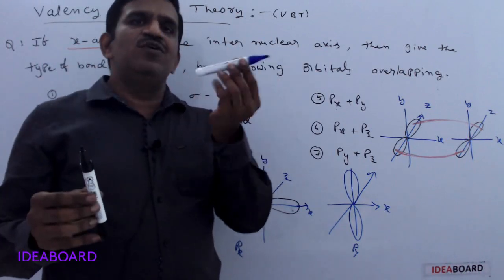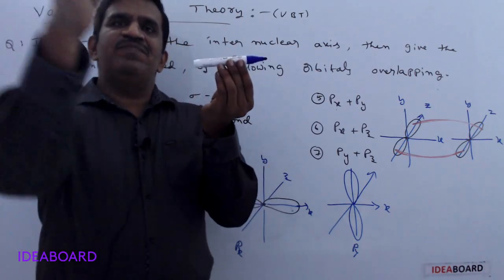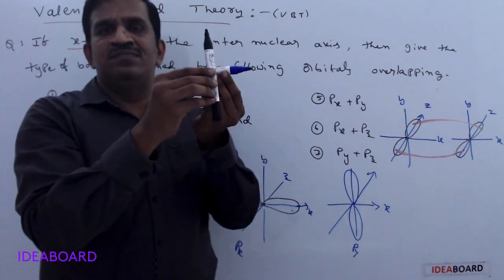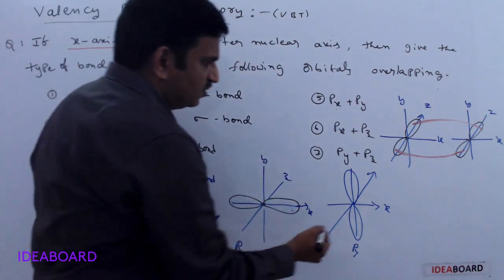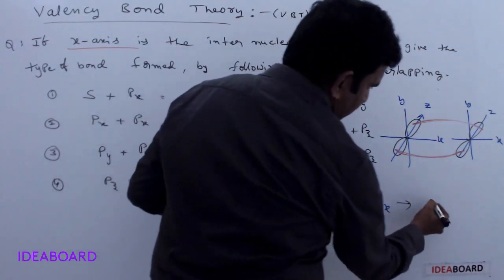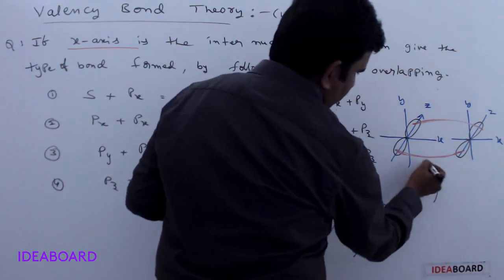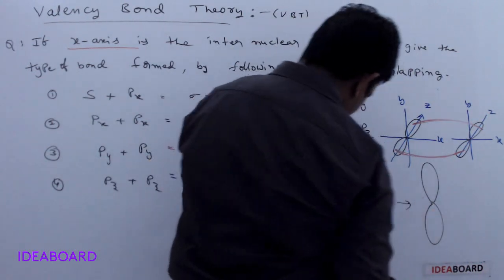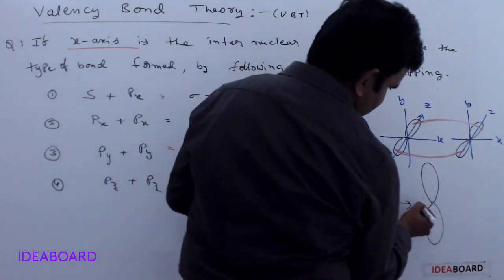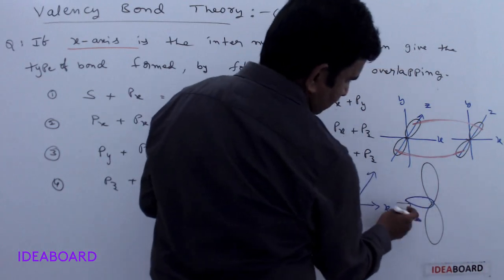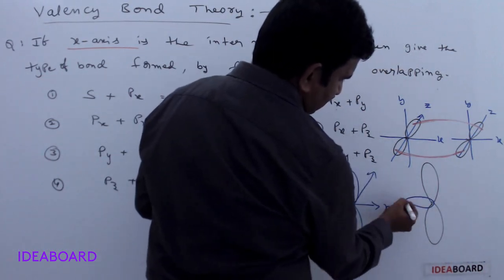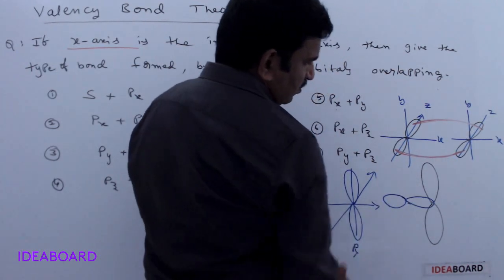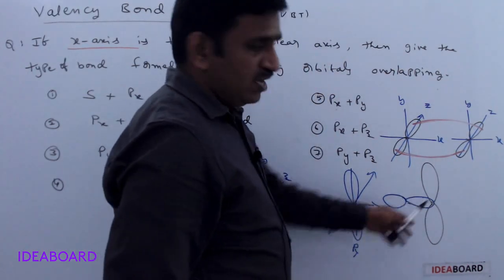Whenever there are lobes in this direction and for the py orbital in this direction, is it possible to overlap? Suppose after overlapping I write here, this is the lobe of one atom and this is the second atom's lobe. Is this overlapping possible?